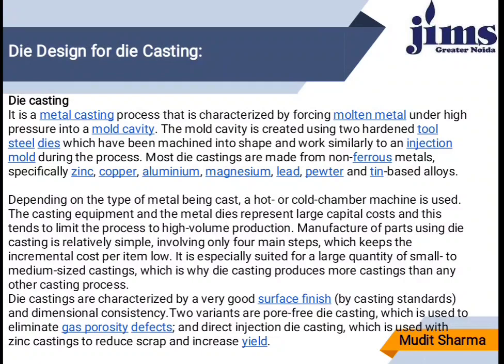It is also called gravity die casting. Why? If the molten metal is forced into the metallic die under gravity head, it is called gravity die casting. Die materials, like we already discussed, are medium carbon steel, low alloy, hot steel, etc.